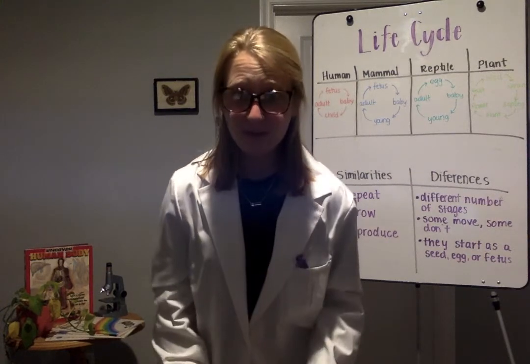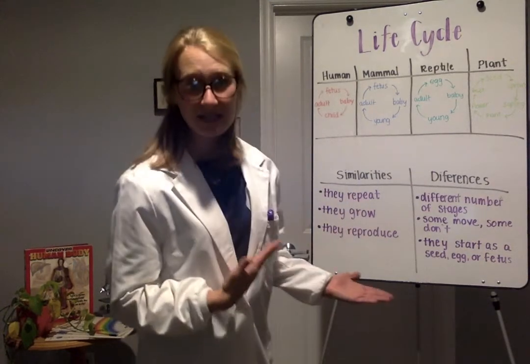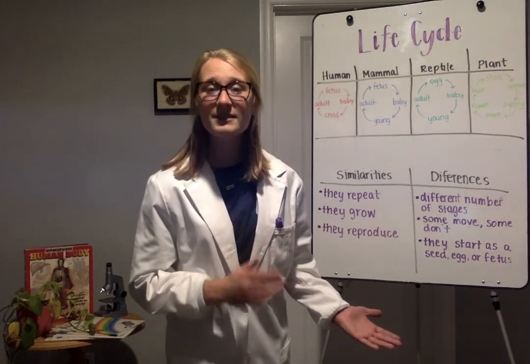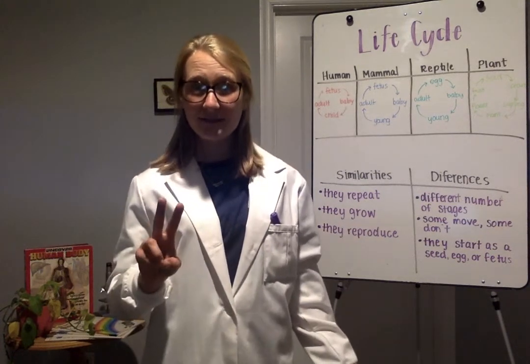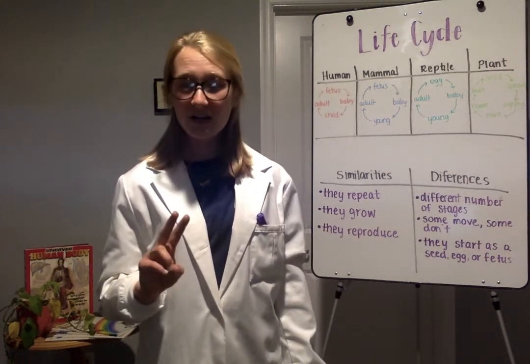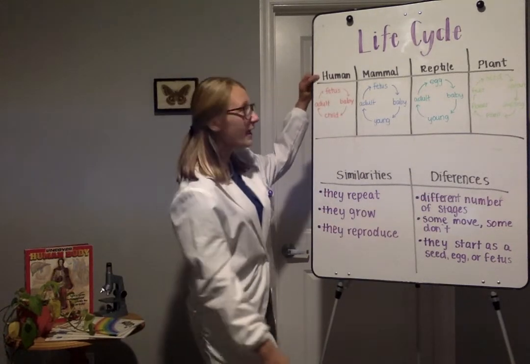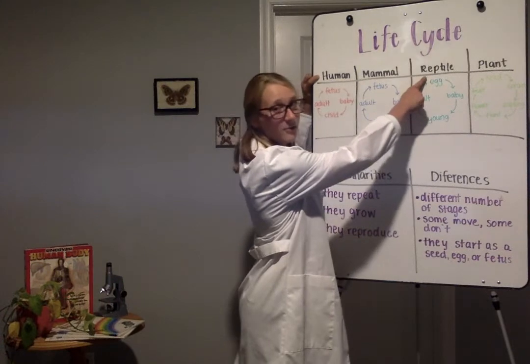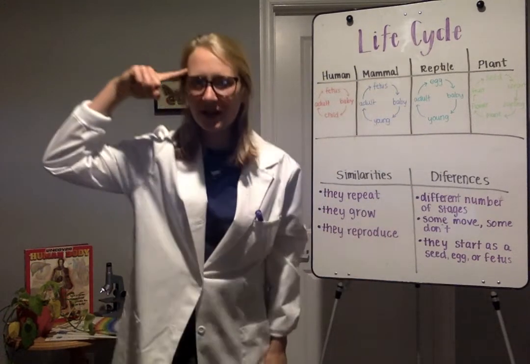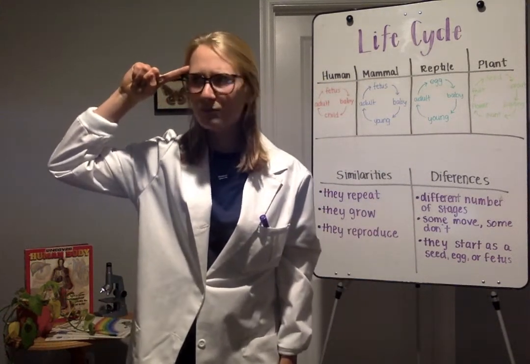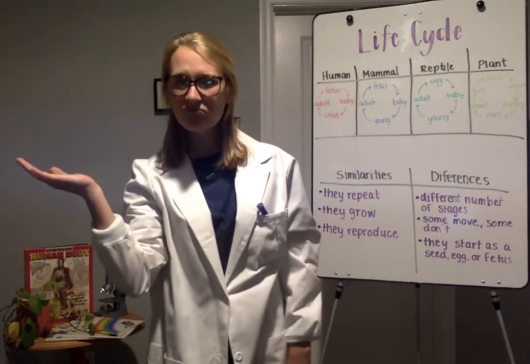On Google Classroom, you get to do something just like we did here. You are going to compare 2 life cycles at a time. First, you're going to look at the human life cycle and the reptile life cycle. Think to yourself and use your curious brain and wonder, how are they similar?